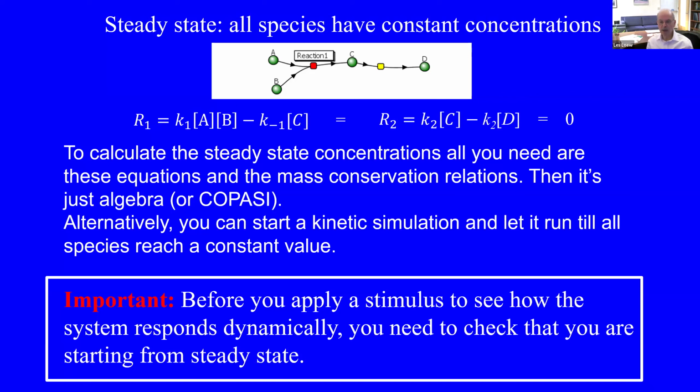The stimulus could be the addition of a ligand to your system that binds to a receptor. So what happens after time point 0 where you've added the ligand? That could be a stimulus, or it could be an electrical stimulus if you have an electrophysiological model. Whatever the stimulus might be, that's what you're really interested in, right?